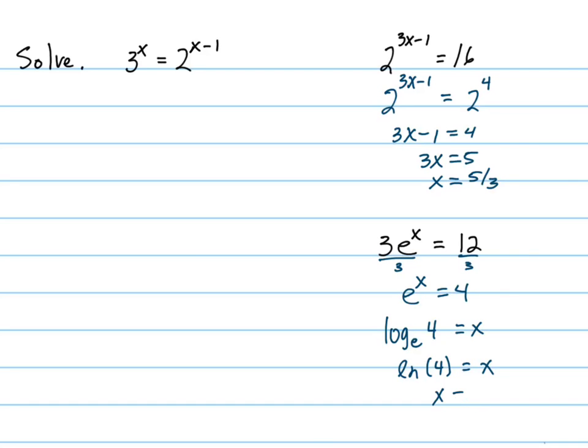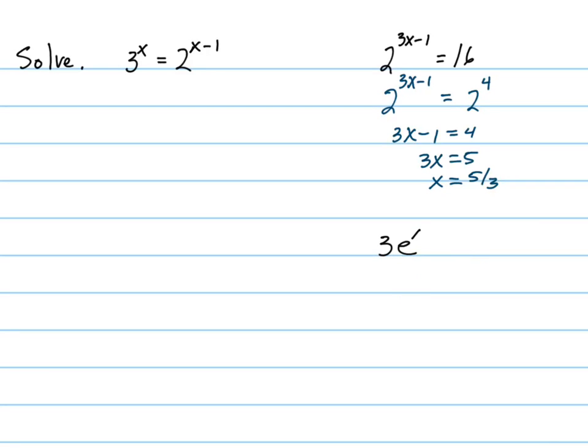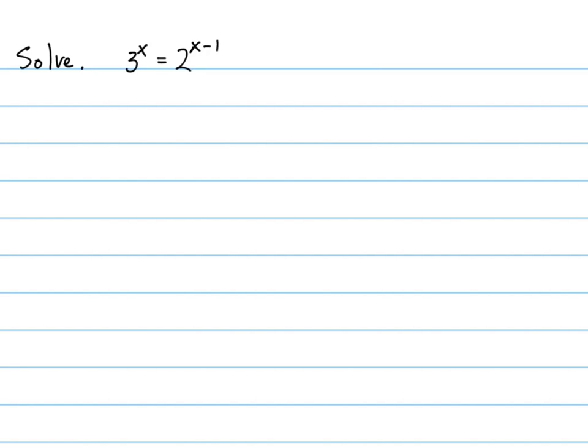And we're going to go ahead and do the problem that I mentioned at the beginning here. All right. So you'll notice that I basically have 3 as a base on the left and 2 as a base on the right.